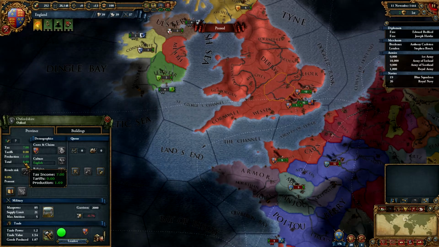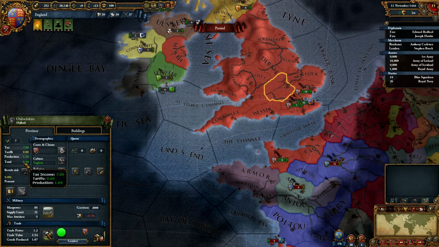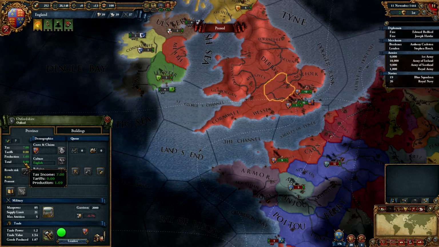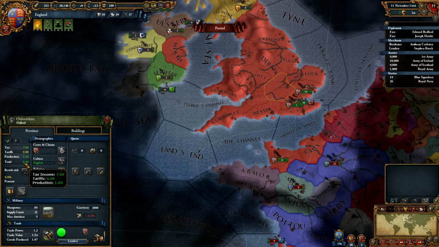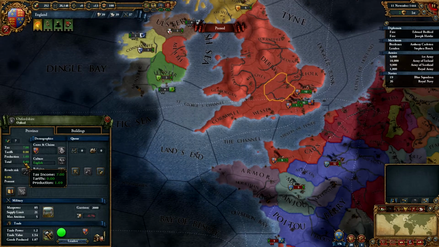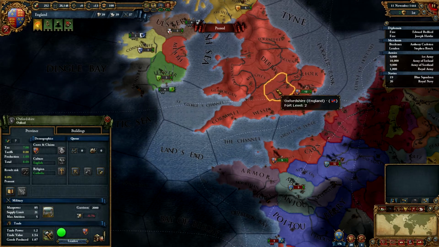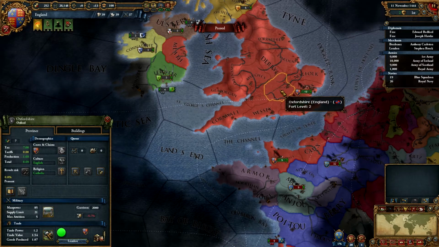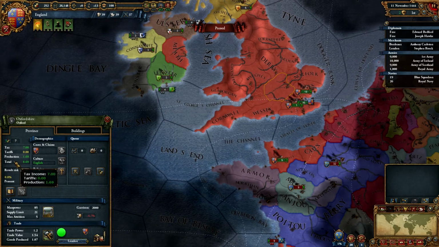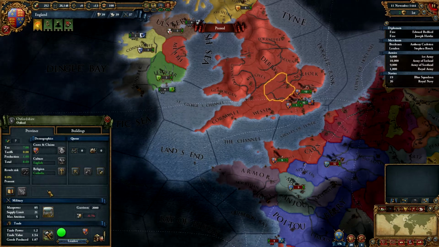That will give it 0.14 gold each month for this province alone. And if we do the total of this entire province with the taxation, it will give us 1.7, and that's for this province alone. It will only gain us 0.72 gold each month.